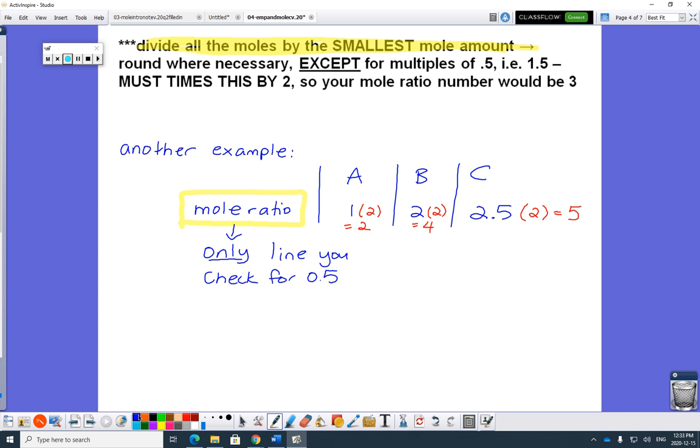And it's only in the very last line. The mass can be 0.5, the moles can be 0.5. It's the mole ratio line at the very, very end, okay? So A is 2, B is 4, C is 5.